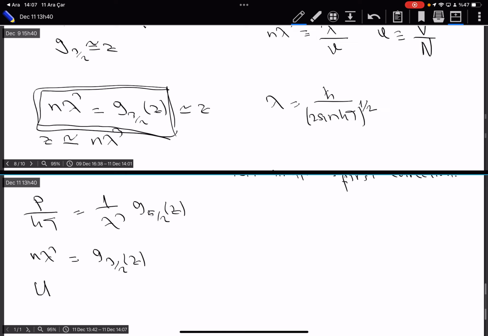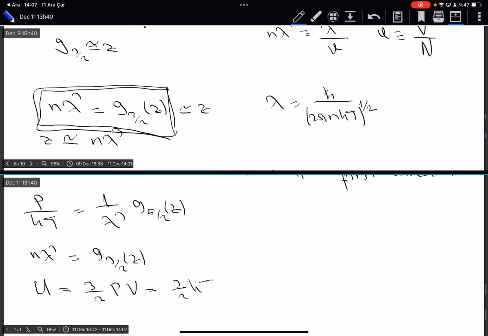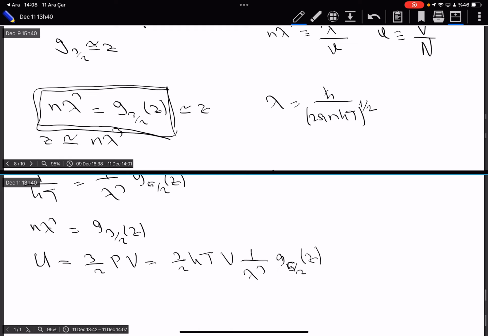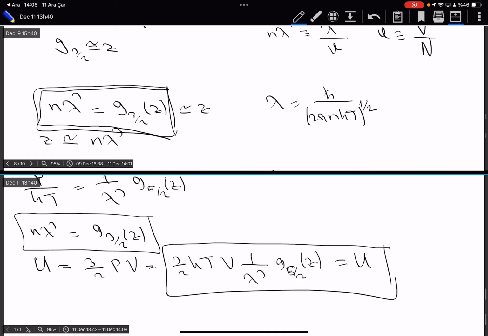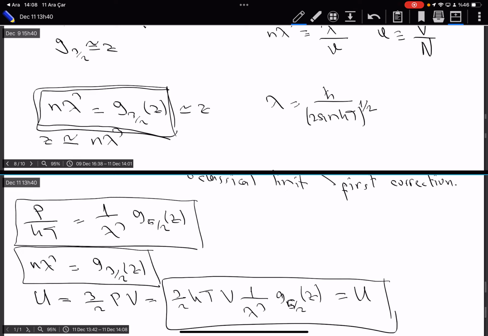U, the energy, we had also shown that this was 3 over 2 PV, which was 3 over 2 KT V, 1 over lambda cubed G5 over 2 of Z. This is U. Well, here there's a plus N0. Now basically the rest is just playing with these three equations.